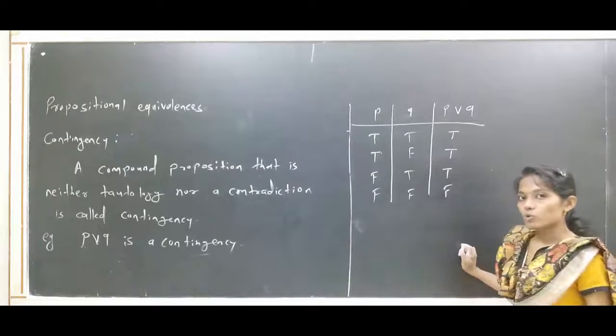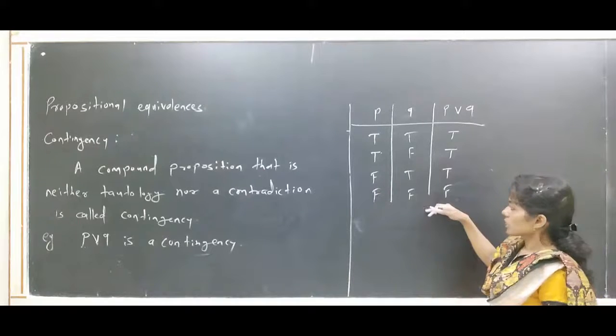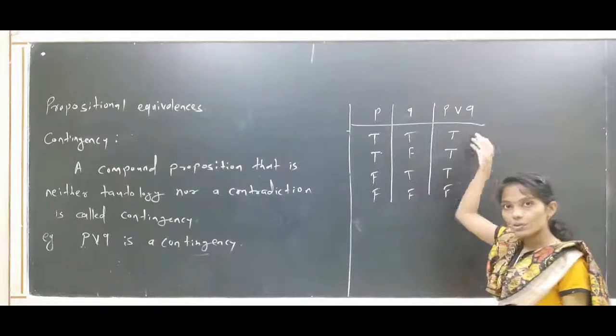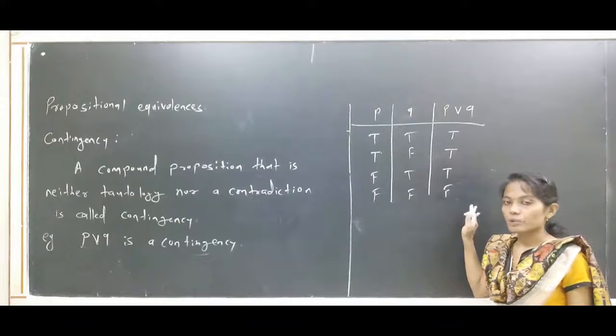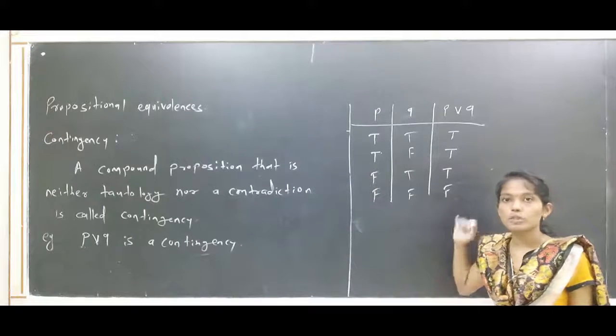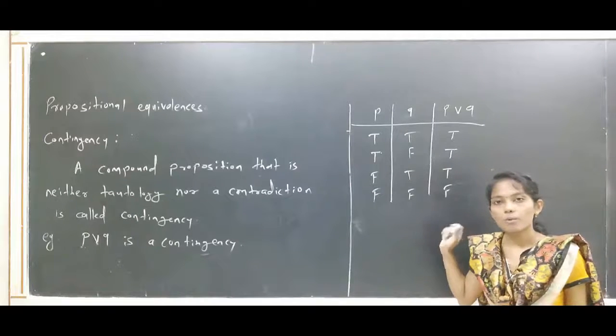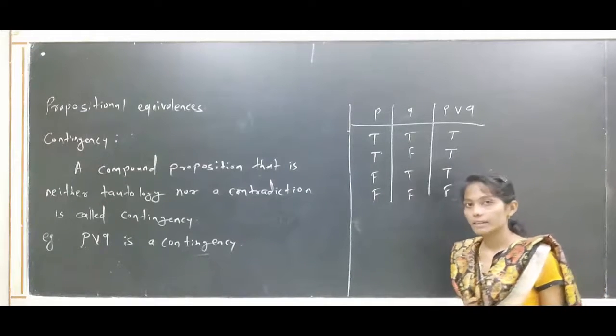Observe this truth table: in the last column the values are mixed, that is true as well as false. So this compound proposition is neither a tautology nor a contradiction, so it is called a contingency.